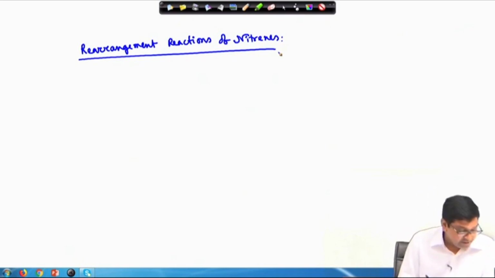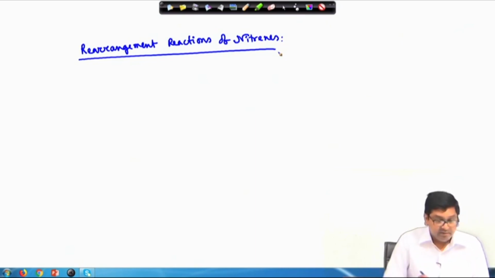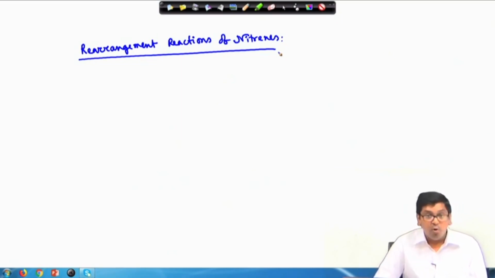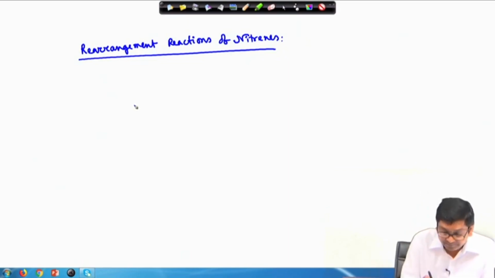So, if we see how the Wolff rearrangement works for carbenes, that will make it clear how these reactions proceed in the case of nitrenes. One of the most prominent intermediates that is commonly generated in these types of reactions is isocyanate.